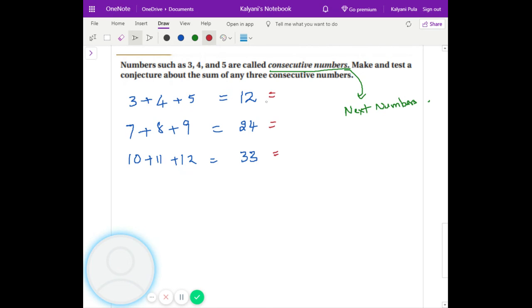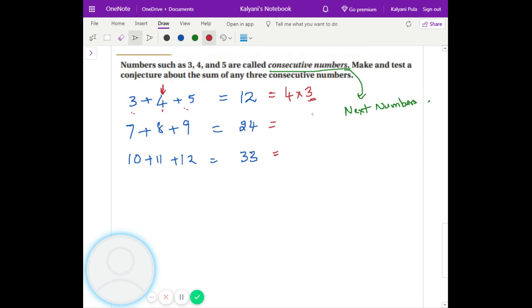So the 12, how many numbers do we have here? 3 numbers. And what's the middle number here? They each can be divided by 3. That's true, but I want you to look at it carefully. So these are consecutive numbers, and there are 3 of them, but the middle number is 4, right? So I can say 4 times 3.